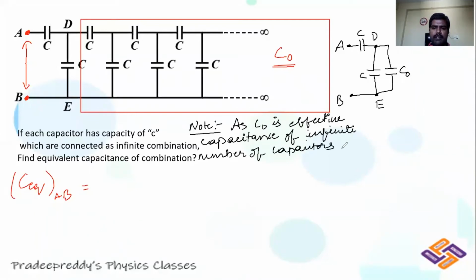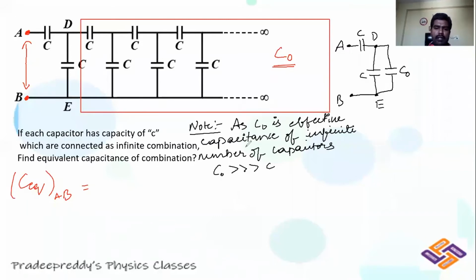The C naught value is greater than C. C is very simple, it is one capacitor, and the C naught value, the effective capacitance, is much greater than the C value. This is a very important note you should understand.